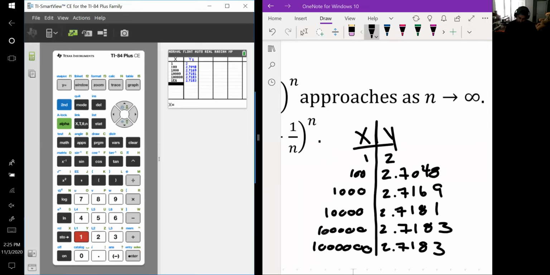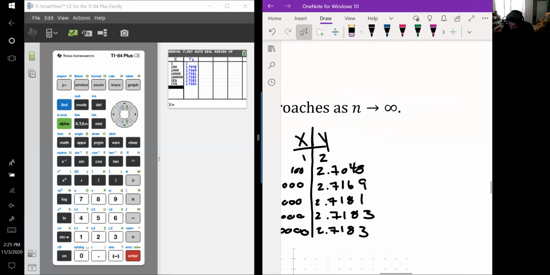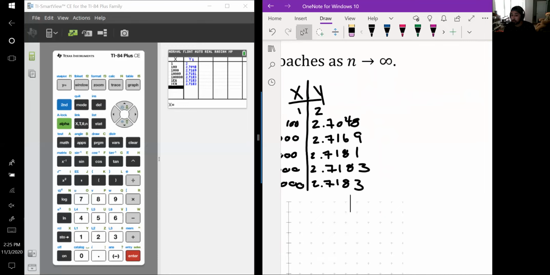And then if we kept going, I'm not going to write it on paper, but I'll put it on the calculator. No matter how much larger x gets, we come out with this decimal number, 2.7183, or, well, that's rounded, right? 2.7182, run on, run on.